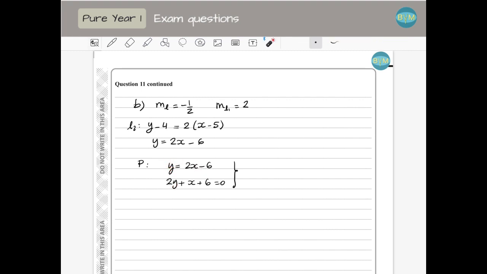So I have 2 times this whole thing, which is 4x minus 12 plus x plus 6. From here, you have that x is 6/5, which is not the greatest number, but it is what it is. Then to find y, I substitute my value of x: 2 times 6/5 minus 6, and this is minus 18/5. So my point P is (6/5, minus 18/5).